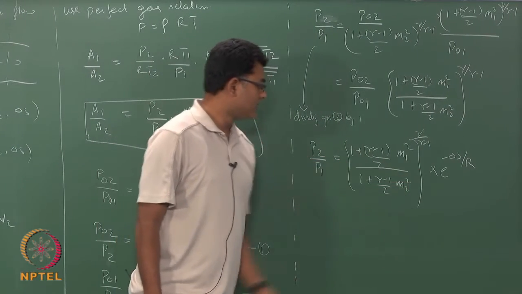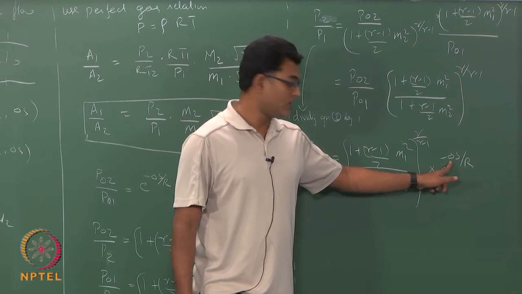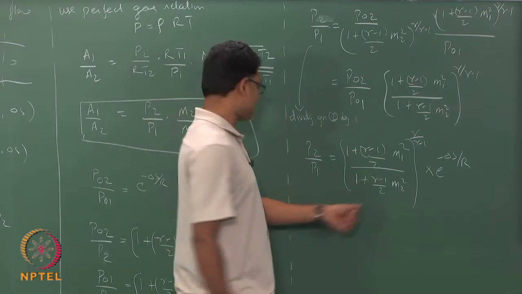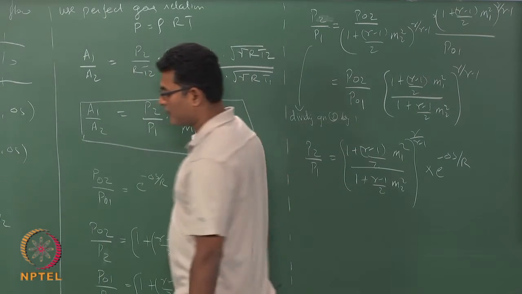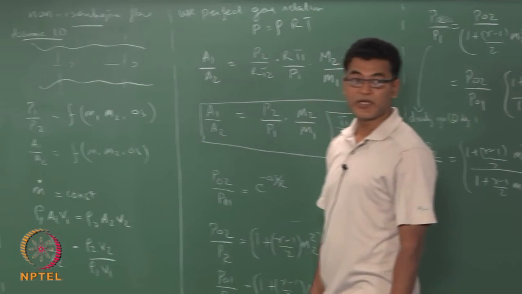If it is an isentropic flow, this is 1 and hence you would get this relation, which is same as what you have got from your isentropic relation from T1 and T2.